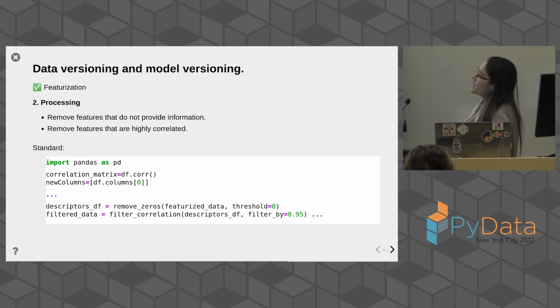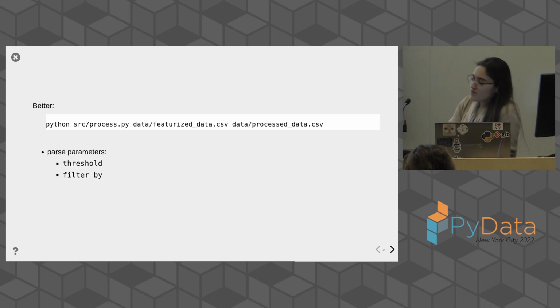So I already have the first step of my pipeline where this is versioned. Now, the second part is processing, and this is very common in a drug discovery pipeline because we need to remove all the features that are meaningless, that are not providing information, and also remove the correlations. Again, I can be messy and have just a Jupyter notebook, but I can do better, and I can have this command with Python that will take my input file, the output from the previous stage, and the process data, which is the output from this stage.